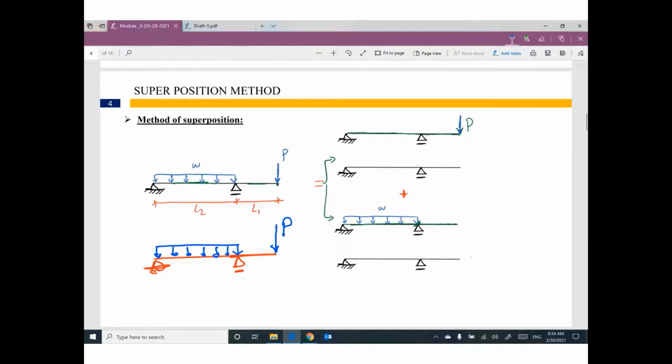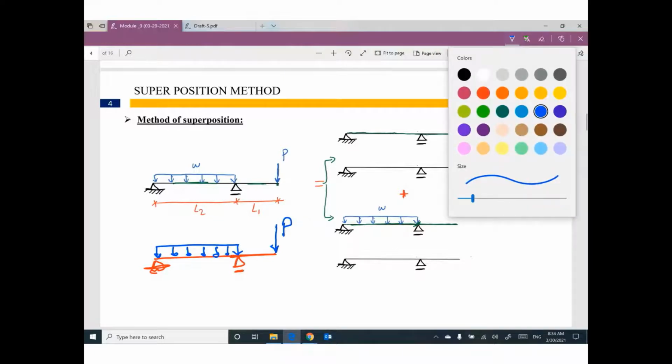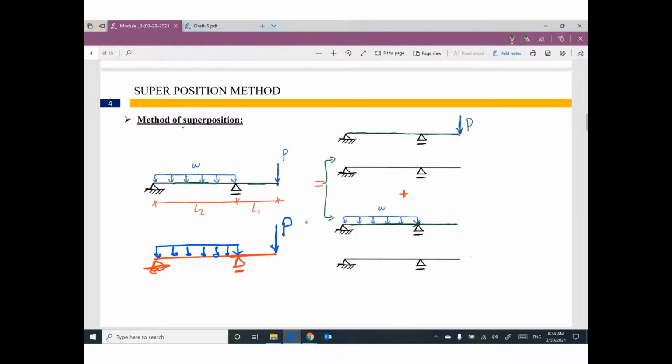What should I do? Okay, we will use a method which is very, very important called the superposition method. Keep this method in your mind.